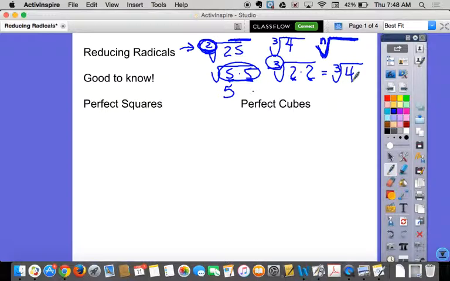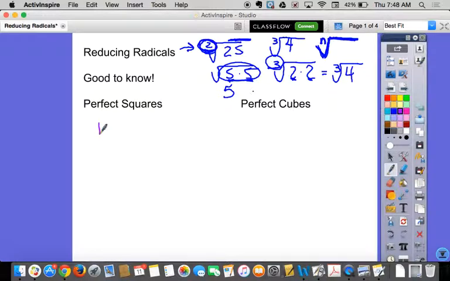Now, to help you reduce radicals, it is really important to be familiar with your perfect squares and your perfect cubes. If you do not have these memorized already, you can make your own list anytime you want to, so nobody needs to freak out.